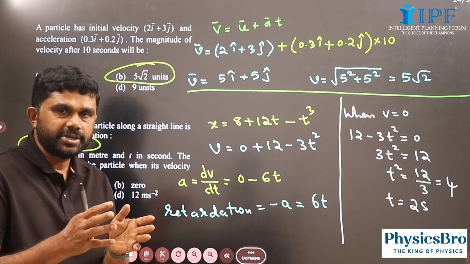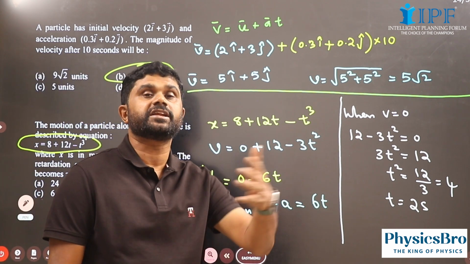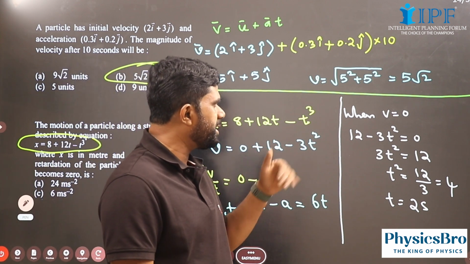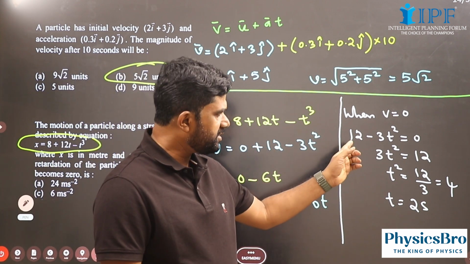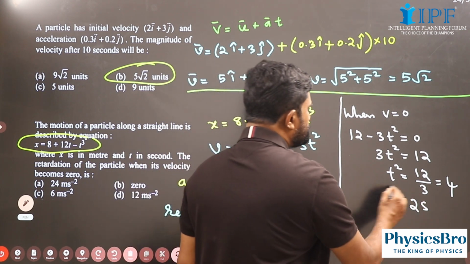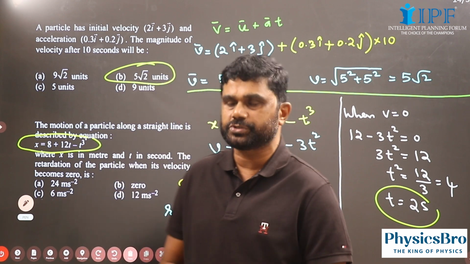But the time is when the velocity becomes 0. So first we have to find when the velocity becomes 0. We have the expression for velocity here, 12 minus 3t square. When 12 minus 3t square equal to 0, then t will be equal to 2 seconds. So we have to find the acceleration when time equal to 2 seconds.